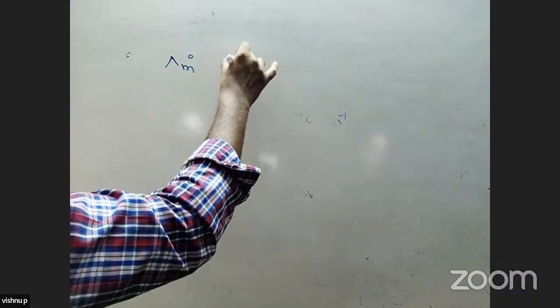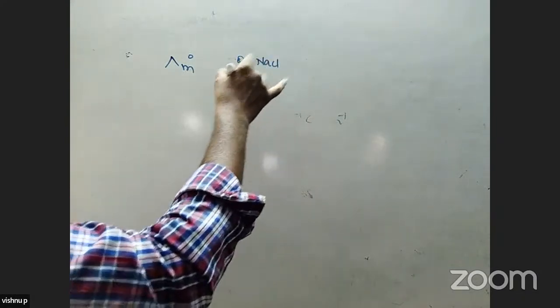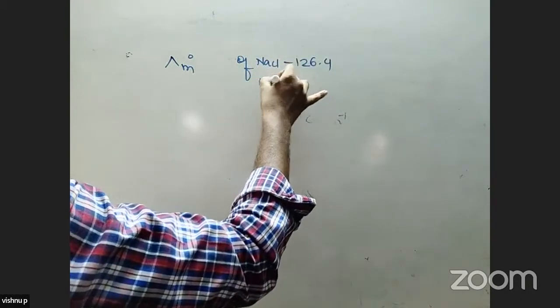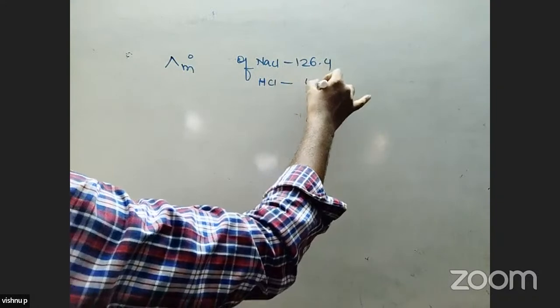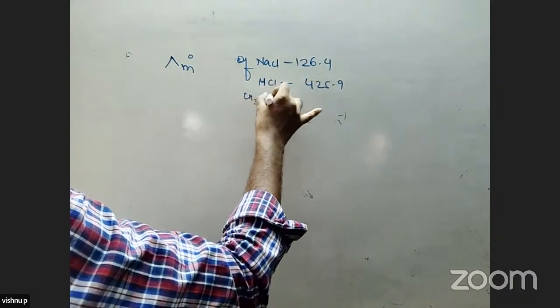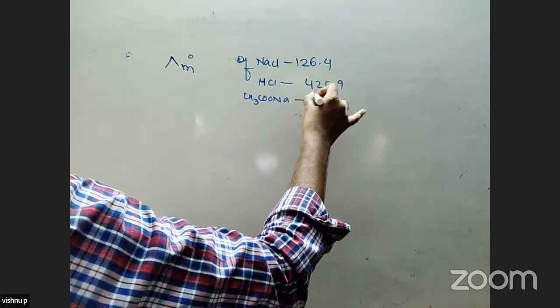Next question. The 2012 question. Molar conductivity at infinite dilution of NaCl is 126.4, HCl is 425.9, CH3COONa is 91.